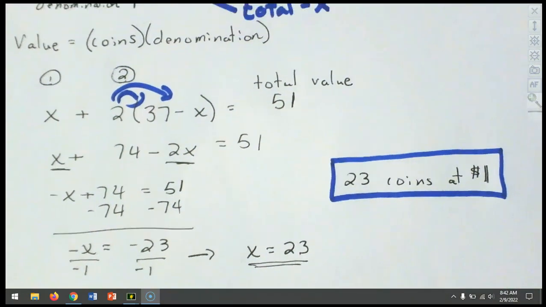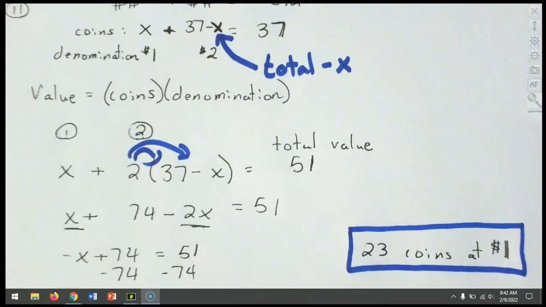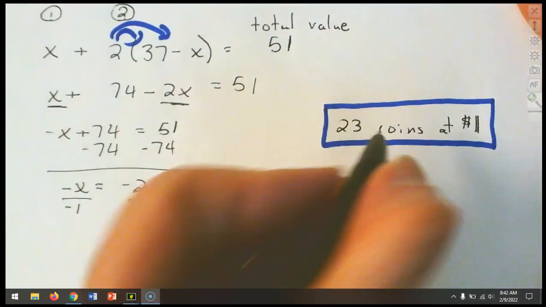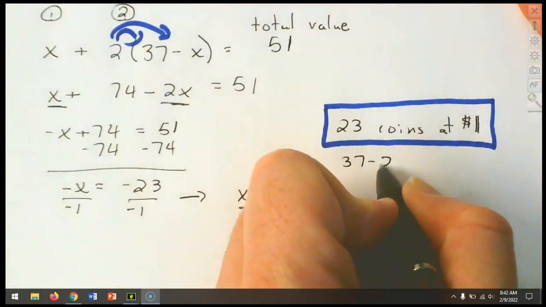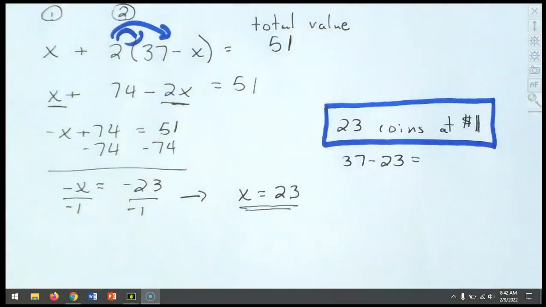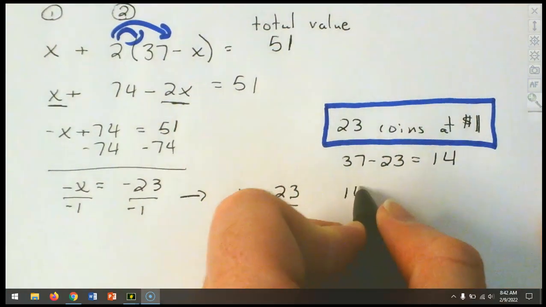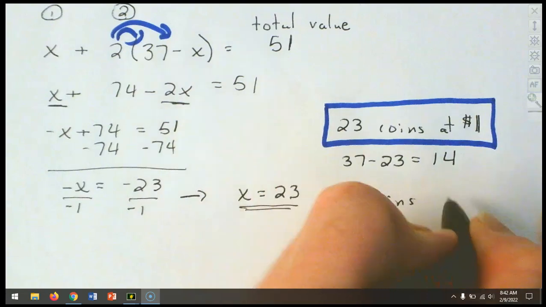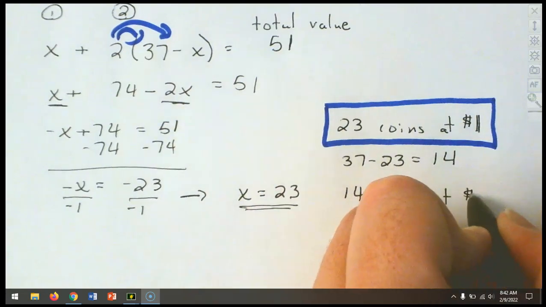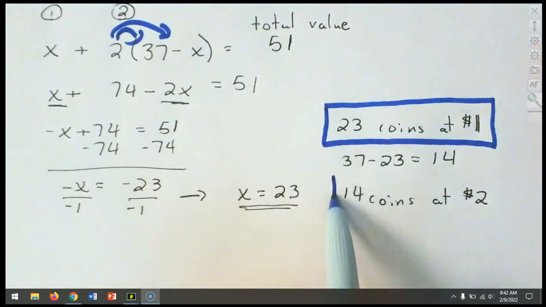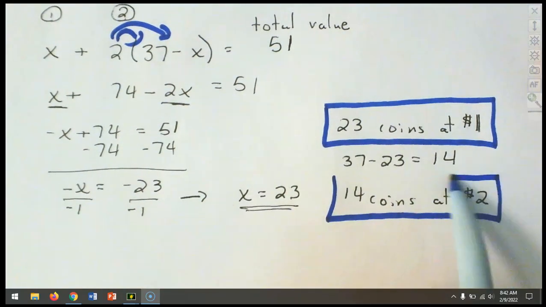Okay, if we know one of them, how do we get the other one? Okay, plug it back in, and that's going to be 37 minus 23. And 37 minus that 23 gives you now 14. So now we have 14 coins at $2 each.